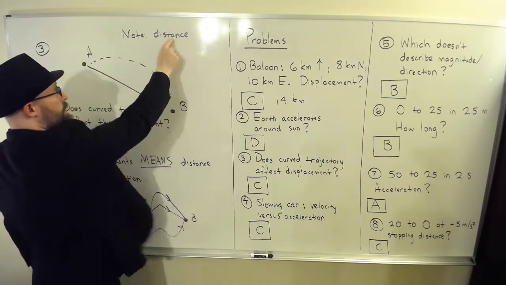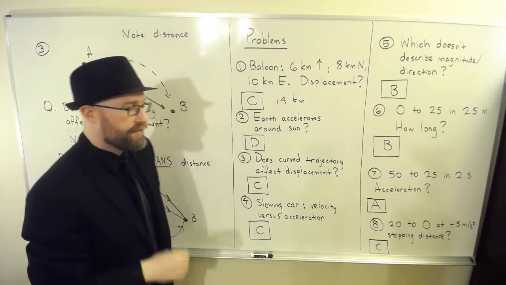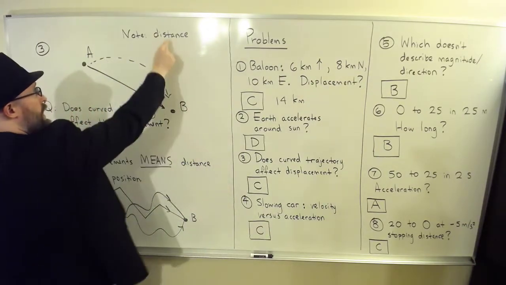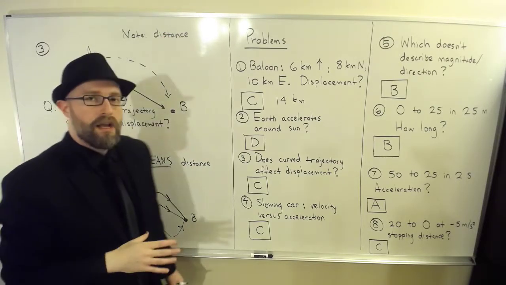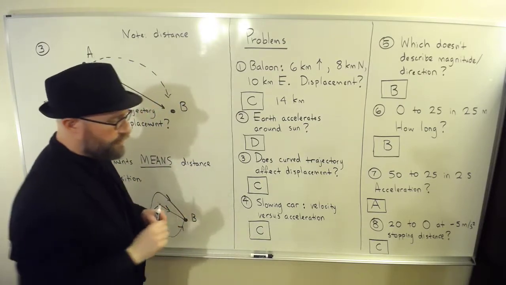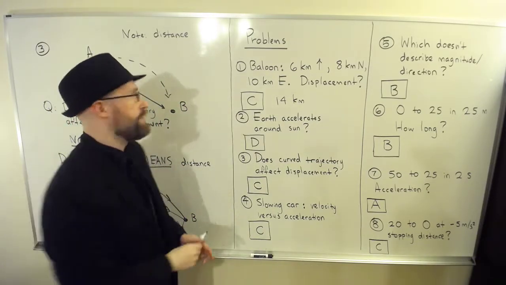A lot of people will use the word distance to mean just how far away are you. They won't necessarily care how long the path you took to get there is. So in this context, distance is used to tell you how far you've gone along an entire path. It's like if you count the number of steps.